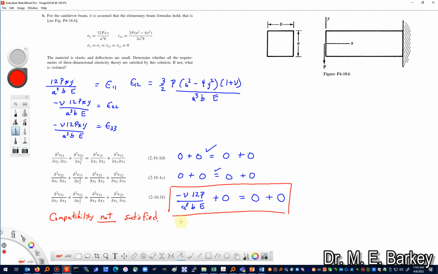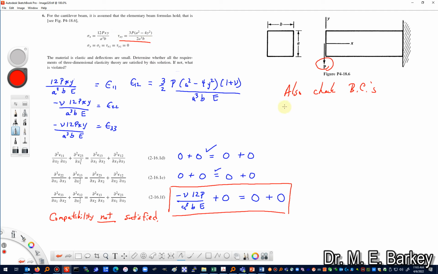Now there is one other thing that we need to check and understand, and we need to make sure that the boundary conditions are satisfied. This wasn't explicitly stated, but we do need to check the boundary conditions are satisfied. What do I mean by that? Here's a force on the end of the beam. That force comes from the shear stress distribution.